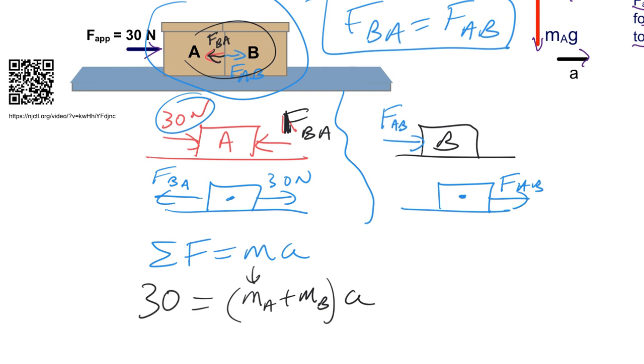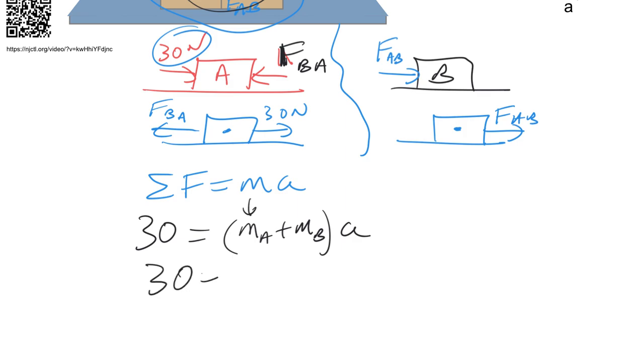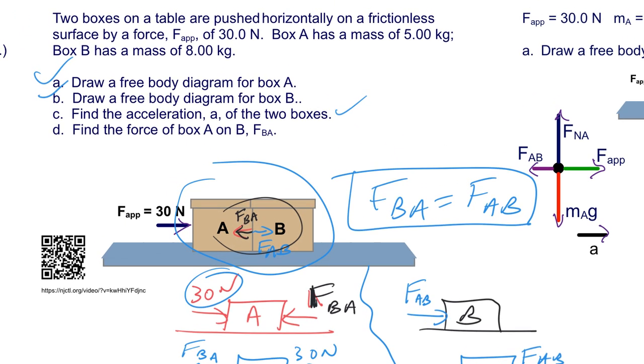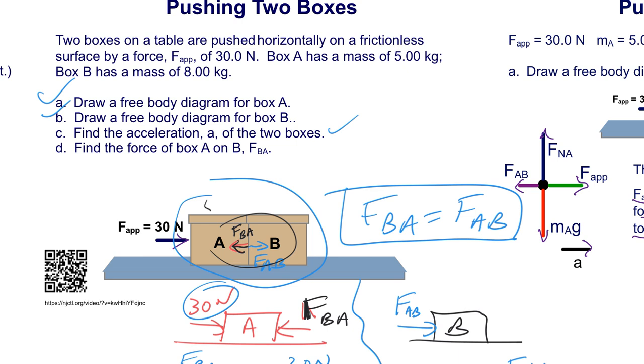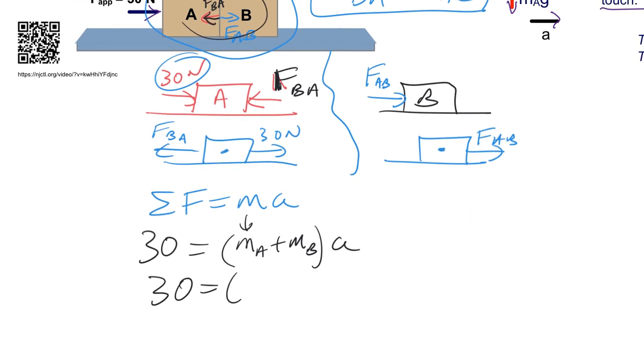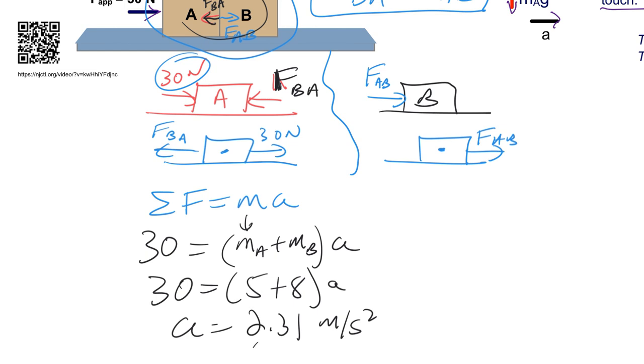So what we got is 30 equals, what's mass A and mass B? 5, and mass B is 8 kilograms. So 5 plus 8. So the acceleration of either box is 30 divided by 13. I'm getting 2.31. And that would be to the right, of course, in the same direction as the net force.